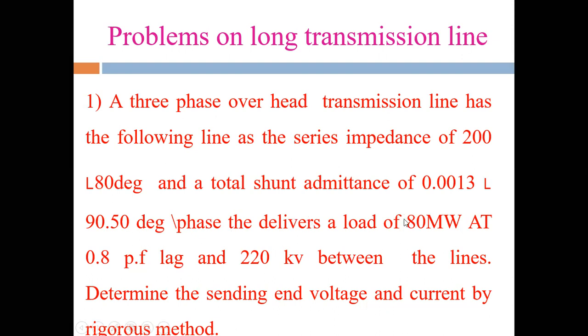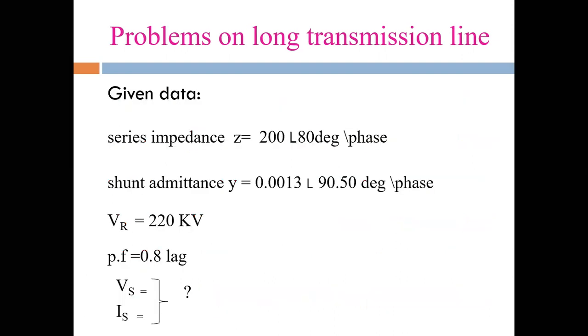Delivering a load means the receiving end power is 80 megawatts at 0.8 power factor lagging, that is cos phi r equal to 0.8 lagging. The receiving end voltage is equal to 220 kilovolts between the lines. Determine the sending end voltage Vs and the sending end current Is by using the rigorous method of a long transmission line.